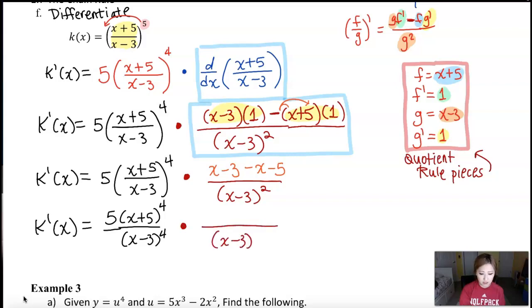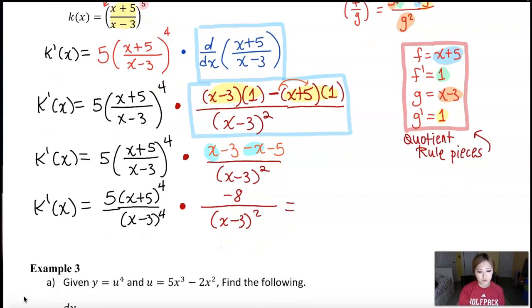All right, the denominator is still x minus 3 squared. What about the numerator? What happened? X minus x will cancel out, leaving us with only negative 8. Let's put these together. Okay, I want to multiply this fraction so that I can write it as a single fraction. All right, if you multiply the numerators, which is x plus 5 to the fourth power times negative 8, I will get negative 40, x plus 5 to the fourth power, right?